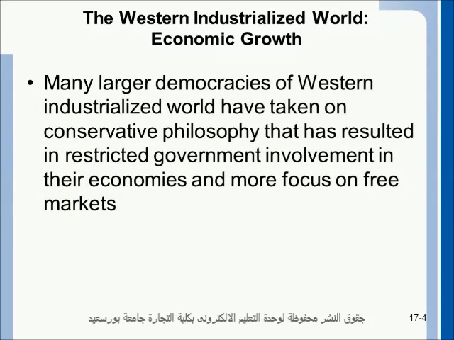Western industrial world and economic growth. Many large democracies of the Western industrial world have taken on a conservative philosophy that has resulted in restricted government, and the role of the government is very little involvement in the economy and more focus on the free market and the private sector.